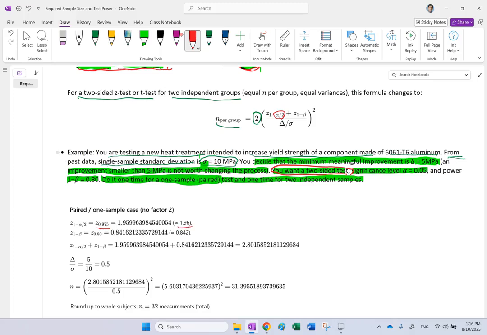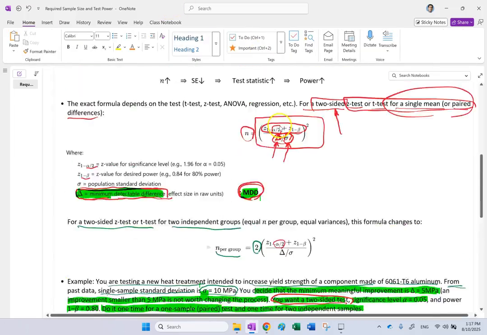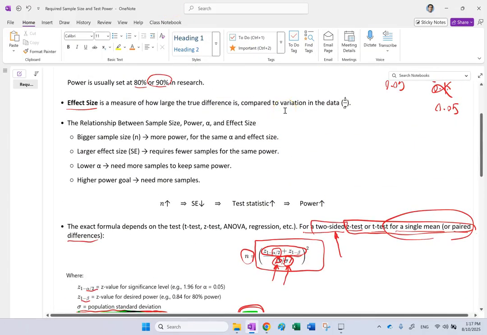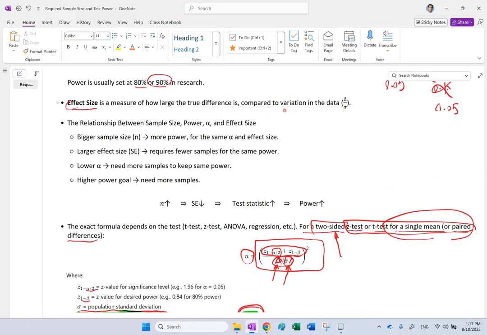Also, since your power of the test is 80%, you look at z of 0.8 and you see the number is 0.842. And now you add these two numbers together, which is about 2.8. The minimum meaningful change is 5. The standard deviation is 10. So this parameter, delta over sigma, which, as I said, has a name, we call it the effect size.